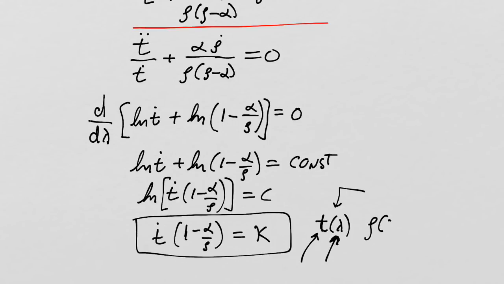Likewise, rho is also a function of lambda. The radial distance from the origin, the Schwarzschild radial distance from the origin, is a function of this world line parameter. So this is a functional relationship here. That's a first derivative of a function, and there's the function itself in the denominator there. Alpha is a constant, kappa is a constant, and of course 1 is a constant. So this is another constant of the motion.